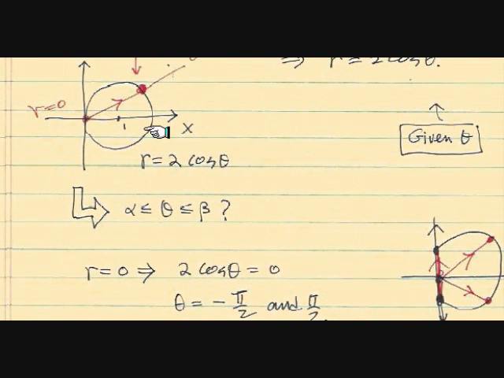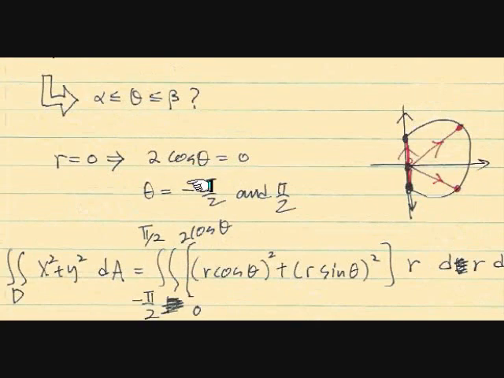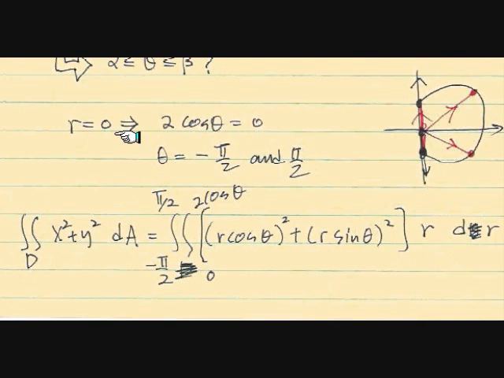So if you put this pi over 2, you can see from the picture that it's probably the only point of intersection with the circle, and the only r value assigned there is 0. We're going to verify that by looking at this equation. So, when is r equal to 0? All the boundary is governed by r equals 2 cosine theta, therefore we solve this one.